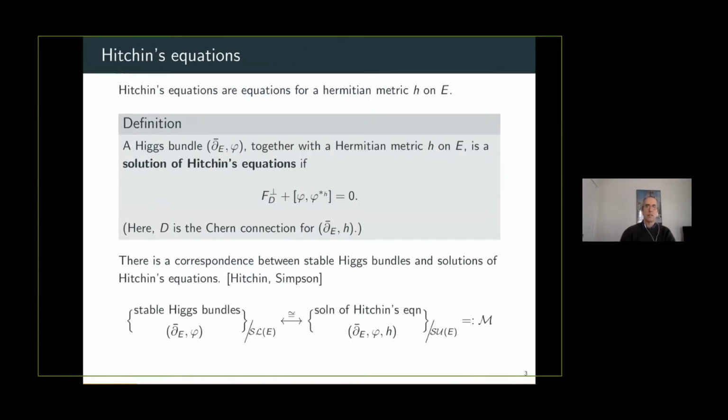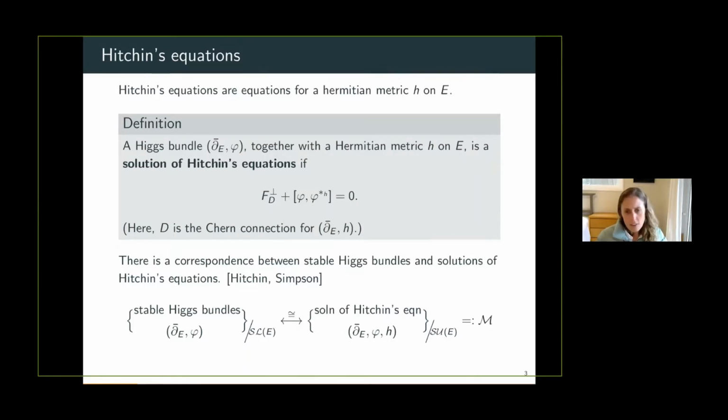Okay. And so then Hitchin's equations, which are the souped up version for the whole hyperkahler moduli space, are equations for a Hermitian metric on E. So you can start with the Higgs bundle, and then Hitchin's equations become equations for a Hermitian metric on E. And this equation is that the curvature, that's the F of the Chern connection associated to del bar E and H, the unique H unitary connection whose 0,1 part is del bar.